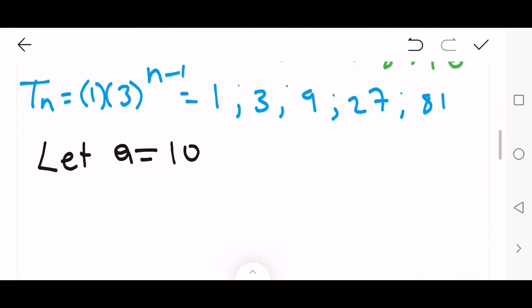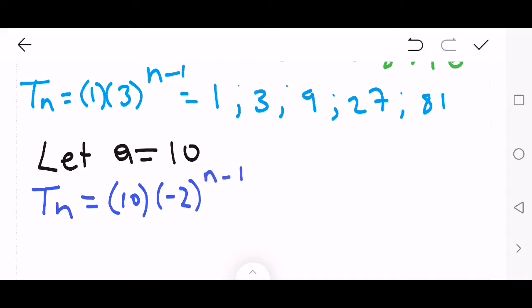So we have Tn equals 10 into -2 to the n minus 1. So what will be our first term?